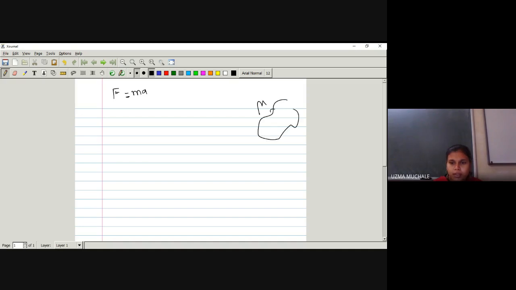Suppose this is our 3D system, with x, y, z axes, and the particle is moving in the 3D space. So from the generalized coordinates, how many degrees of freedom will it have? 3 degrees of freedom. And what are the generalized coordinates? x, y, z itself will give you the position of the particle.